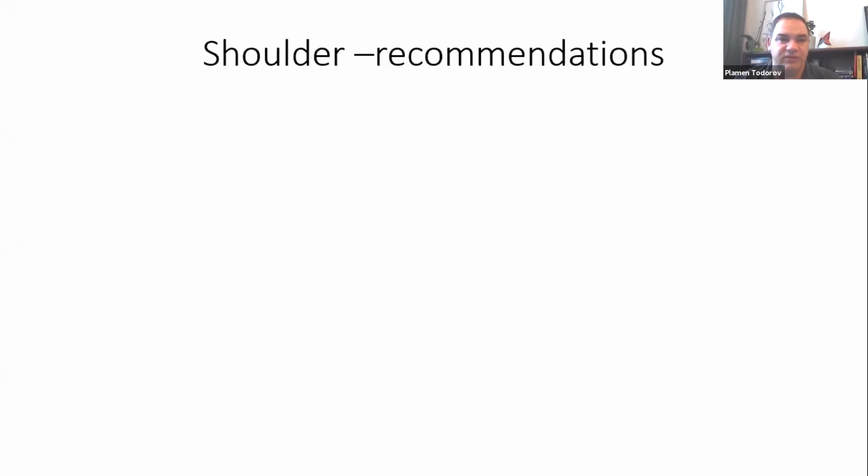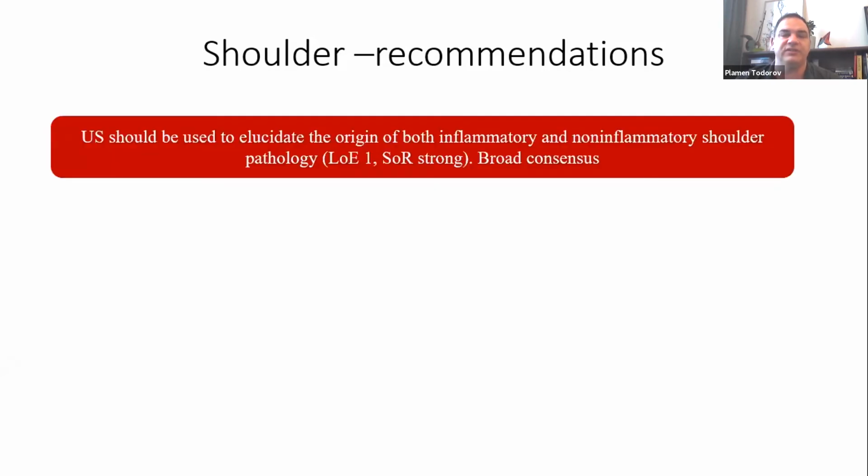And based on this literature search and analysis of the data, we composed 4 recommendations about the shoulder. So ultrasound should be used to elucidate the origin of both inflammatory and non-inflammatory shoulder pathology.